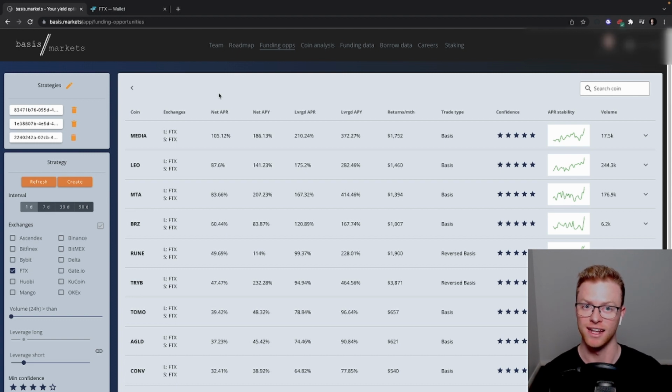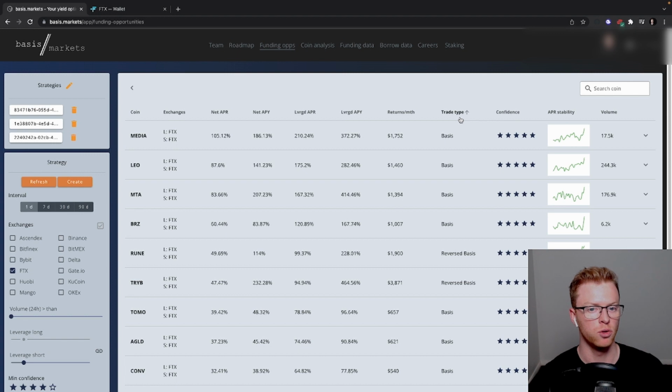The less liquid coins are going to be very, very hard to get in and out of efficiently, and that's one of the challenges you're going to face when you're basis trading. So ideally, we want the volume to be at a level where we can get in and out with the capital that we have most effectively. Ideally at the same price on the perp and the same price on the spot, or even, if we get lucky, we can get a little bit of an advantage and get in a little bit lower on the spot and a little bit higher on the perp.